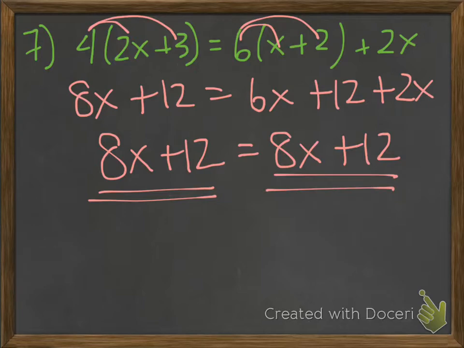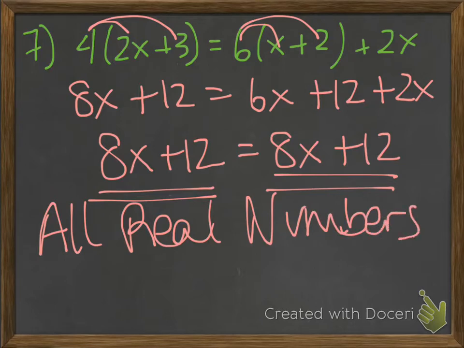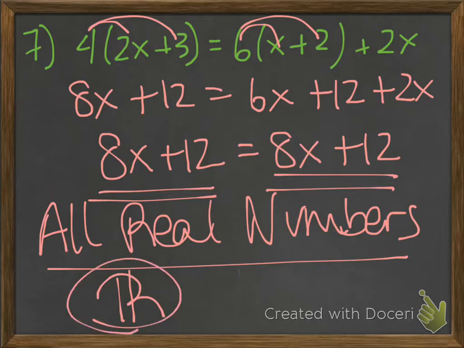In this case, it doesn't matter what we substitute in for x, this equation will always be true. So the solution for x is all real numbers. You can abbreviate this, all real numbers, with a double-barred R. This means all real numbers.